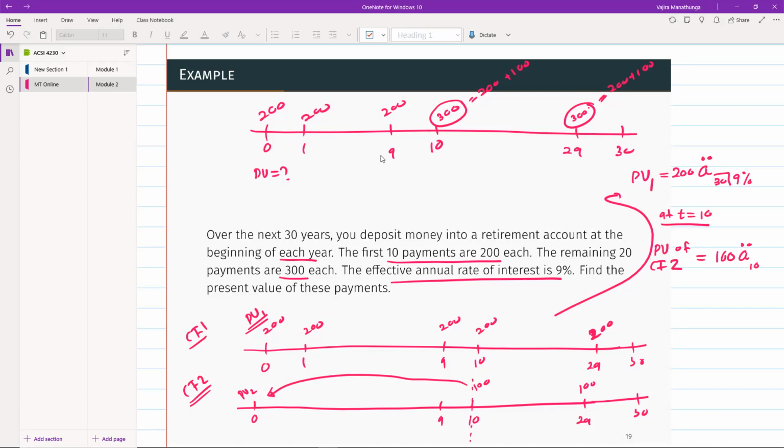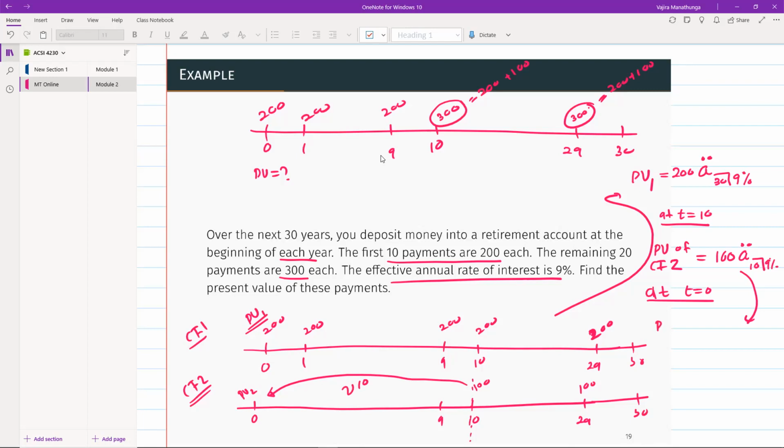There are going to be 10. What's the rate? 9%. Then at time 0, you have to discount this cash flow back again. How do you discount? You have to multiply it by v to the power 10, because you have to go all the way 10 years back.